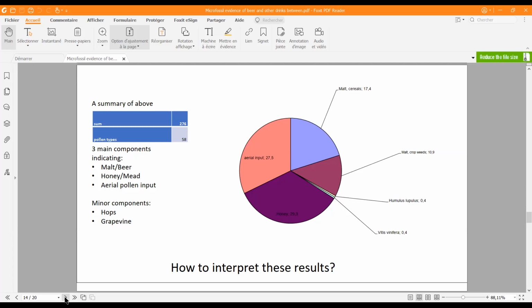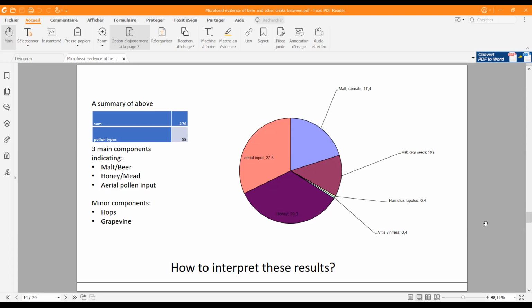No, moment. This is honey. Malt and beer are in blue and in light violet. And the blue are the cereal pollen, and the light violet are the wheat. And together they are a little bit more than a third. And also a third is the dark violet on the bottom.